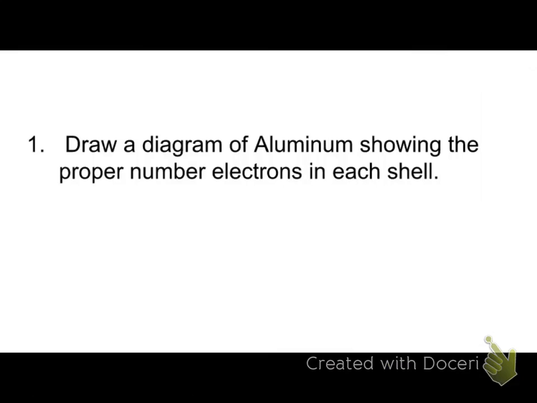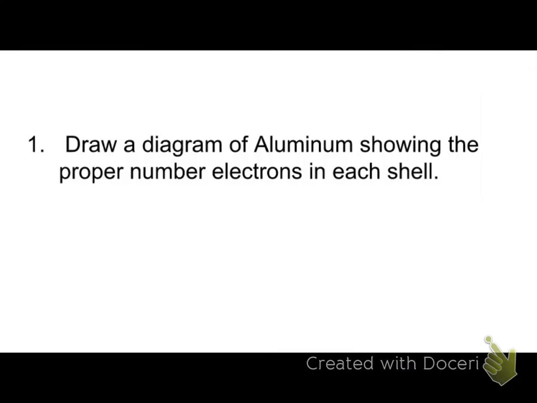This is a Bohr's model. We don't really deal with the Bohr's model anymore. This is the second or third model of what the atom was supposed to look like. It's a really good model for us to show where those electrons are located and what energy levels they're located in. So that's the first thing I want you to do.